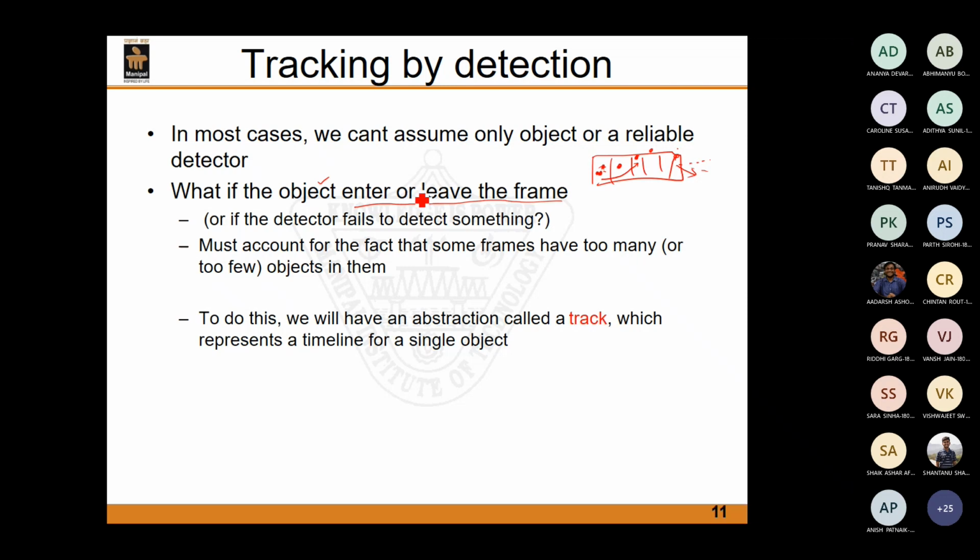We were discussing tracking by detection specifically. In tracking by detection, as you see in this figure, you have an image frame, this is the temporal axis, and this is the video sequence.